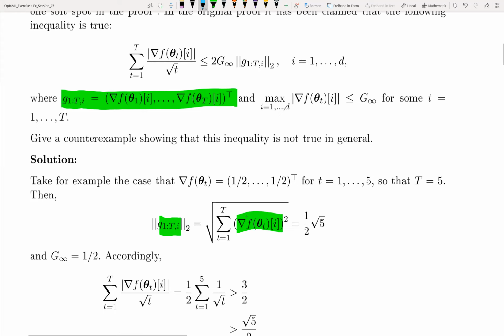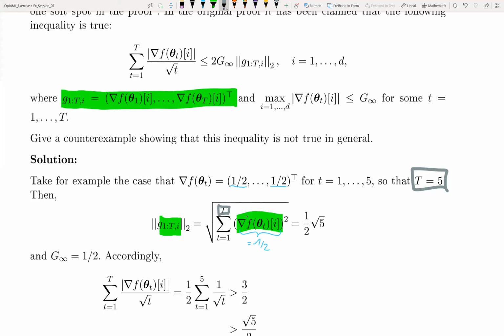But each of its components, if this is our gradient for each iteration, is 1/2. So here we are summing up every time a 1/2 squared. We do this 5 times, so T is 5. So what we have, in fact, is 5 times 1/2 squared, and then taking the square root is 1/2 times square root 5.